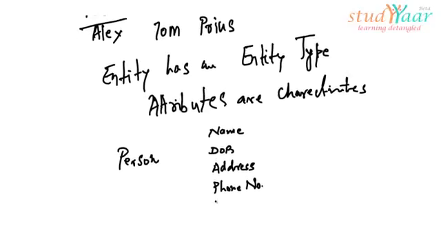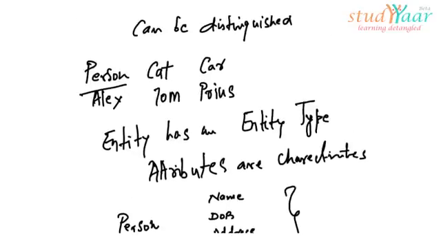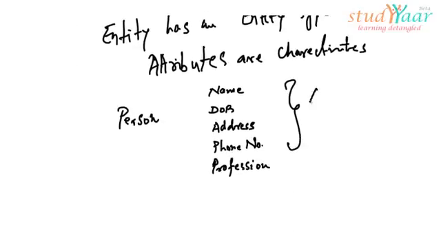He would probably have a profession. So these are the characteristics of a person. In the entity relationship model, we call them the attributes.